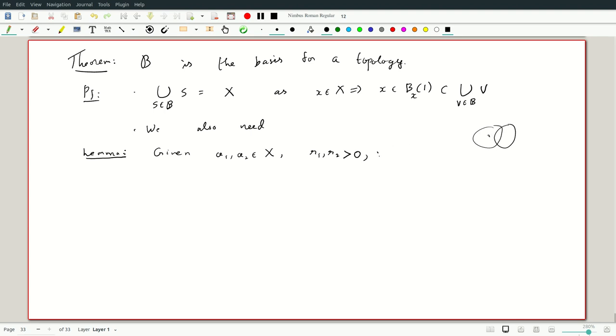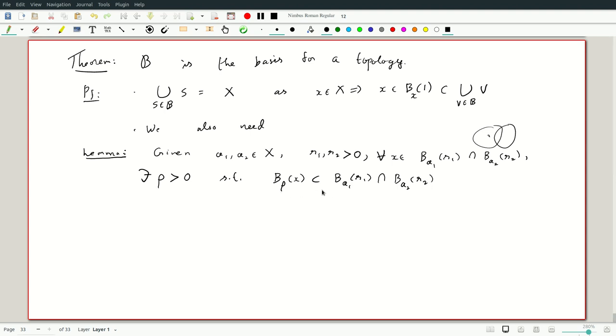So for all x in the intersection of these two basic sets, B(a1, r1) intersection B(a2, r2), there exists a basic set. So I could instead say there exists rho greater than 0 such that the ball of radius rho around x is contained in the intersection of B(a1, r1) intersection B(a2, r2). And observe, this is quite a symmetric right hand side.